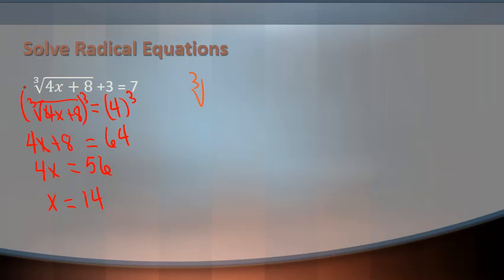So we got the cube root of 4 times 14, which we know is 56, plus 8, and then plus 3 equals 7. So we got the cube root of 56 plus 8 plus 3 equals 7.